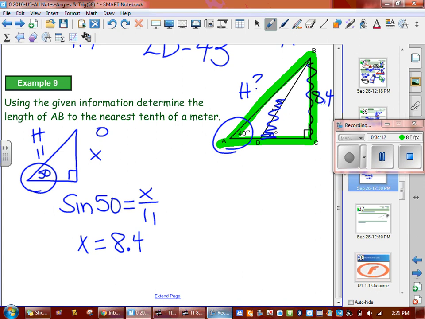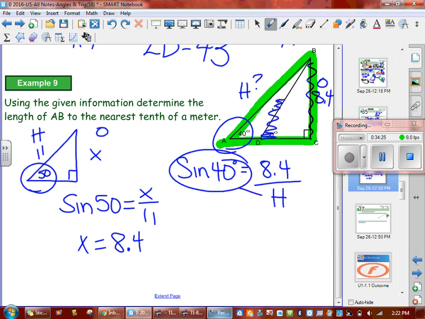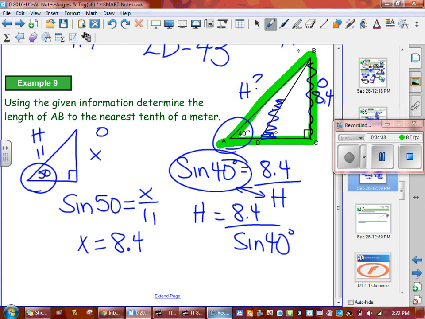This time is the swaparoo. We're going to divide. So the hypotenuse is 8.4 divided by sine 40. Okay, we're dividing again, guys, because the unknown is on the bottom. So when you divide, we're going to get h is equal to, so we should get 13.1. So the hypotenuse is 13.1 meters.